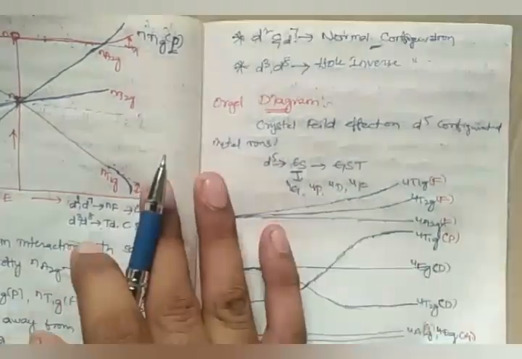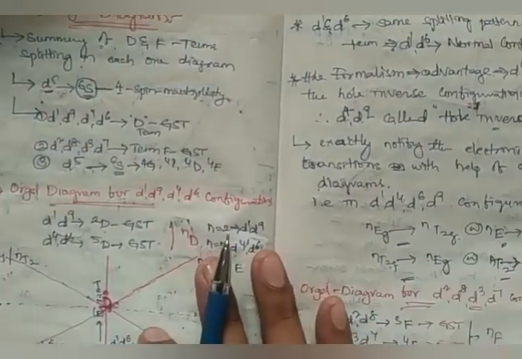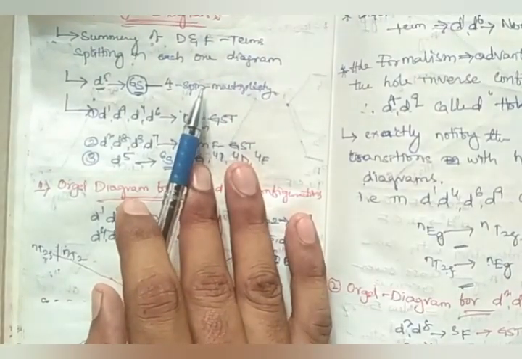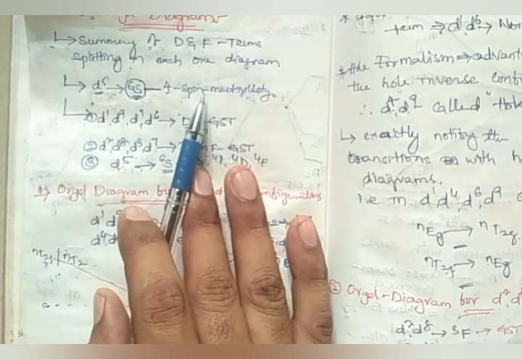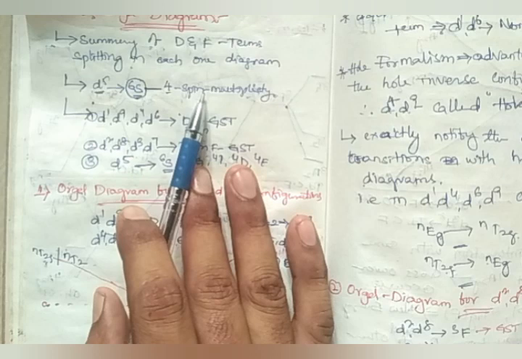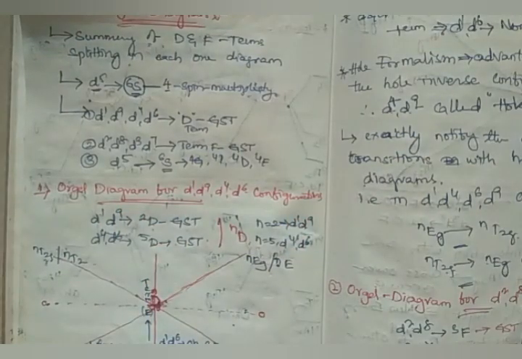One more time, to brief the Orgel diagrams: they summarize all the d orbital and f orbital splitting patterns, for convenience in exploiting absorption or electronic spectroscopy. Transitions in absorption spectroscopy are clearly explained from the Orgel diagrams.